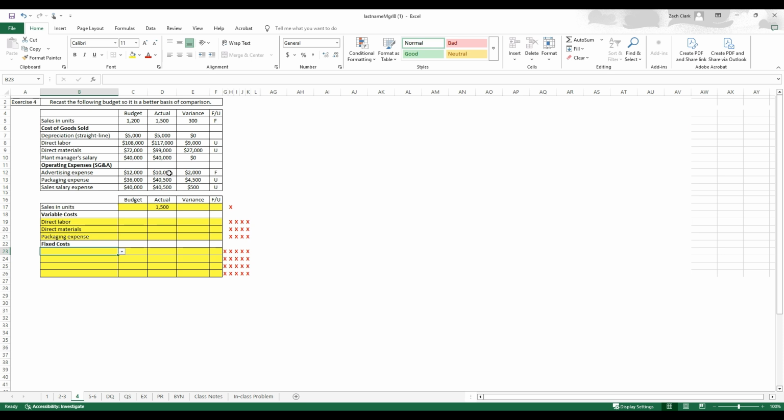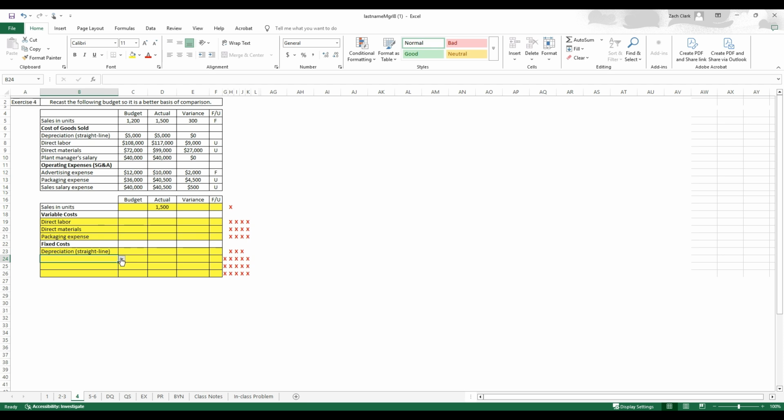And again, that's why it wouldn't make sense to directly compare this, because if you were to bump up your production to 1,500, or if you were just comparing it at 1,200, these costs are going to be too low, because those will increase with increased production. But the fixed costs are going to stay the same. So we have a number of different things. We have depreciation.